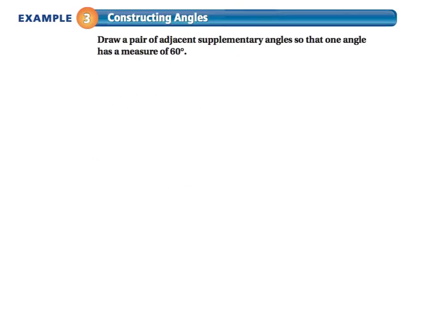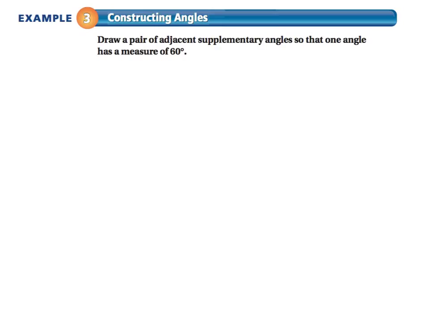Now, in example number 3, we're going to be constructing angles. Draw a pair of adjacent supplementary angles so that one angle has a measure of 60 degrees. So we want to find two adjacent angles that are supplementary, where one has a measure of 60 degrees. Well, the first thing we're going to do is draw our 60-degree angle.